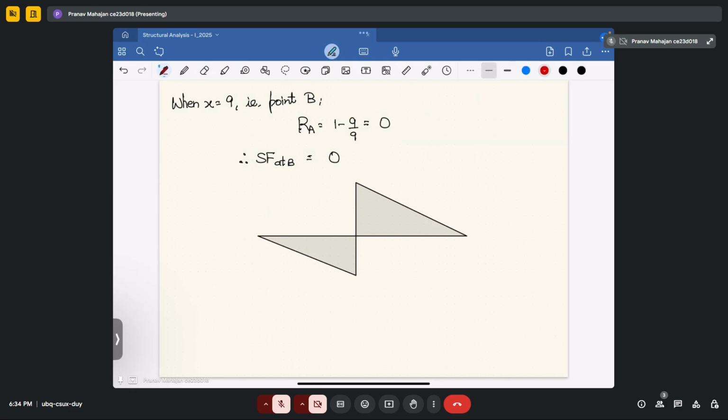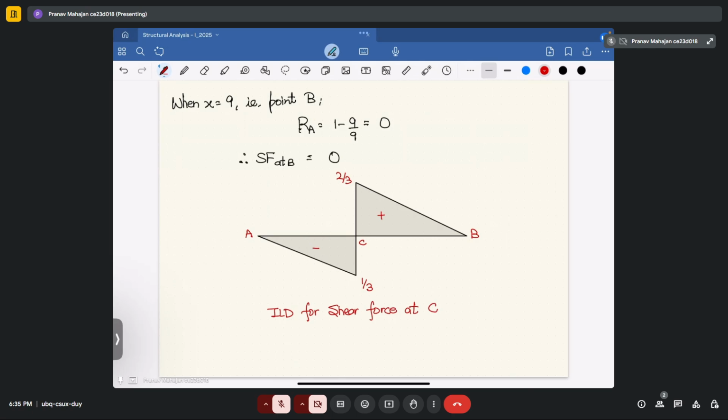Suppose this is your point A, this is your point C, this is your point B. As we have already calculated, between point A to point C, it is coming out to be minus 1 by 3, and after that, it is becoming 2 by 3, and then after that, it is becoming 0. So this is your ILD for shear force at C.